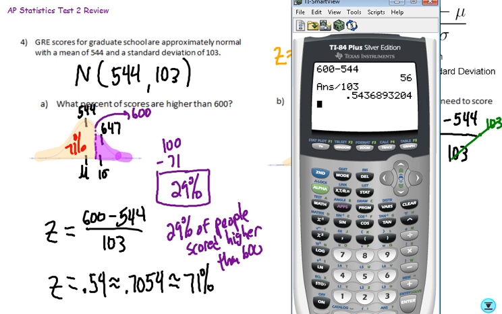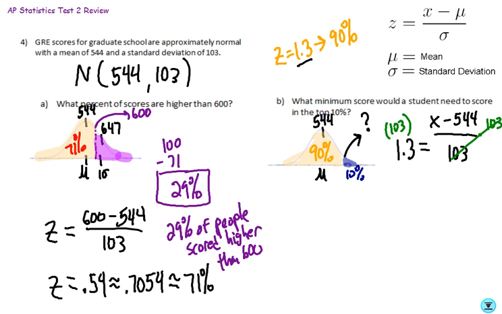So let's multiply 103 times 1.3, and we get 133.9. Fraction goes away, so we've got x minus 544.